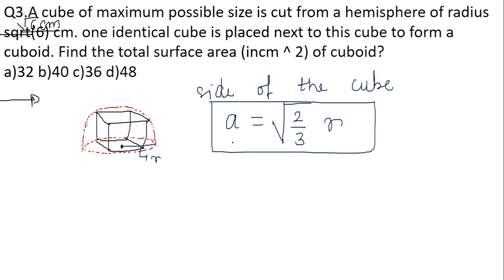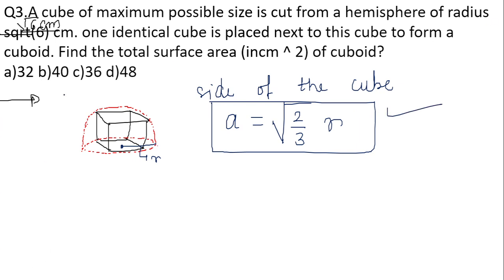Please keep in mind that whenever we are getting a shape of a cube out of a hemisphere of maximum possible size, the side of the cube can be given as a is equal to under root of 2 divided by 3r. What is a? A is the side of the cube and r is the radius of the hemisphere. Now using this particular formula we are going to solve this question.